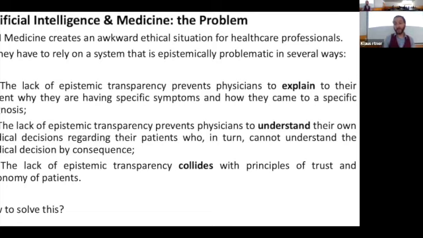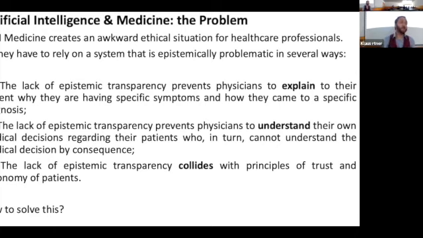This leads us to three specific problems in the application of AI in medicine. The first is that the lack of epistemic transparency prevents doctors from explaining to their patients what is happening to them, why they are having specific symptoms, why they are being told to have this specific treatment, etc. And of course, this lack of epistemic transparency also prevents doctors from understanding the nature of the disease they are dealing with.